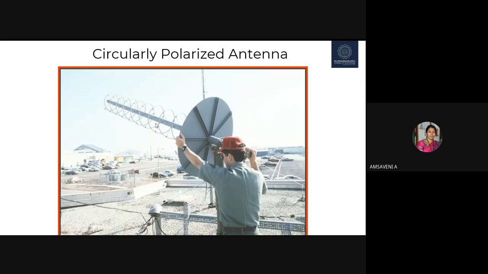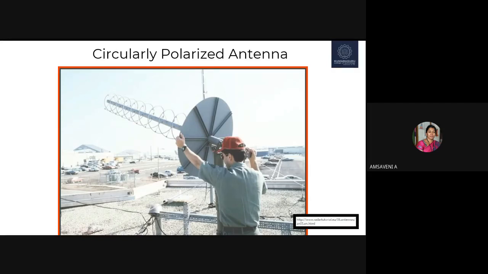So this is a circularly polarized antenna. It's nothing but a helical antenna. Here the direction of the electric field will be circular. The polarization depends purely on the direction or orientation of the electric field vector. So the helical antenna produces a circularly polarized wave or partially circularly polarized wave.